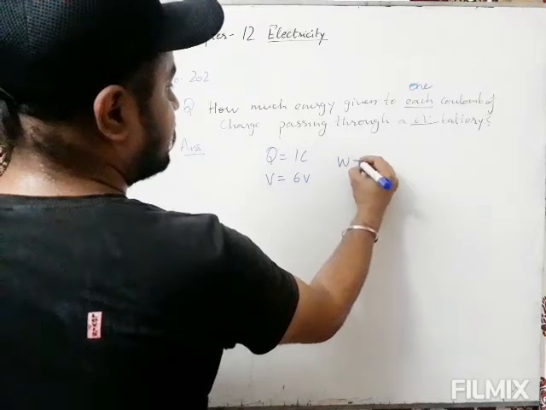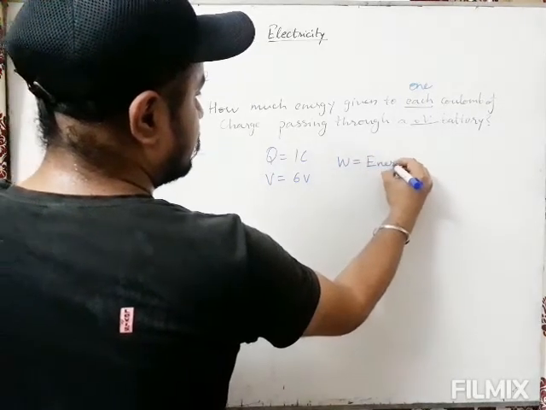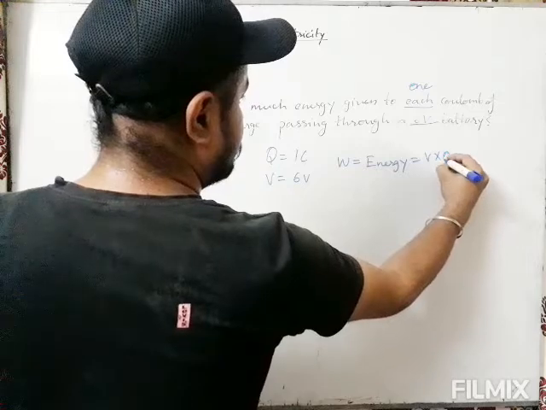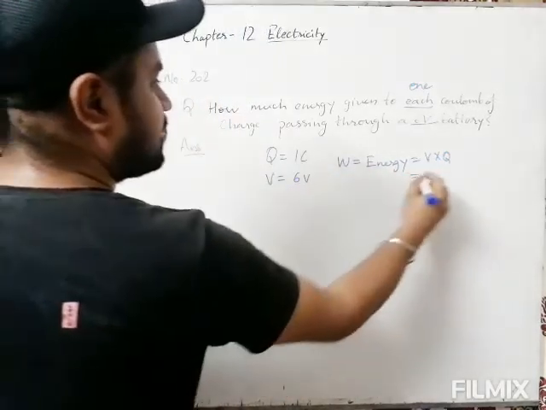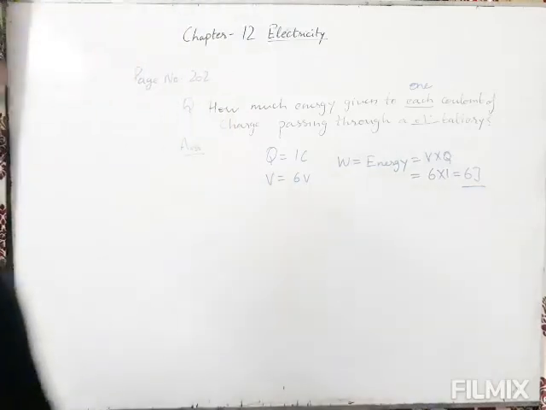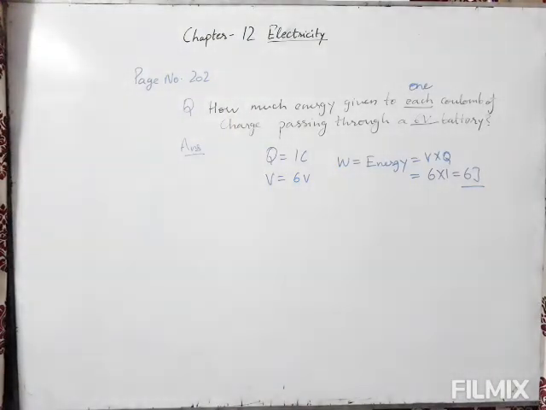So we have to find the work done or energy, that is equal to potential into charge. So potential over here is 6 volt and charge is 1. So 6 joule of work is done, or energy is provided to each coulomb of charge passing through a 6 volt battery.